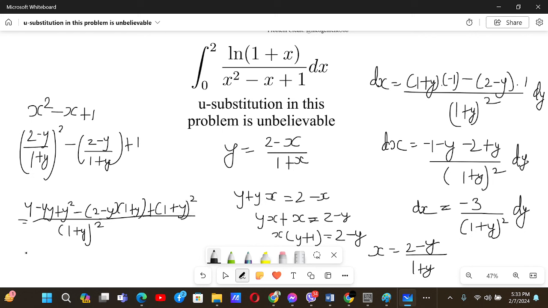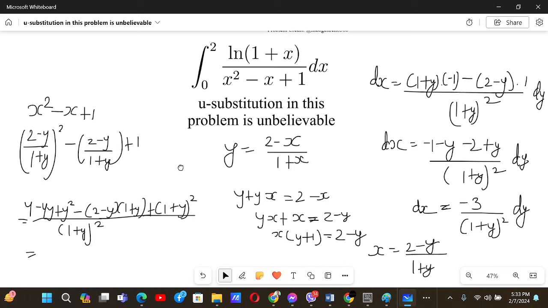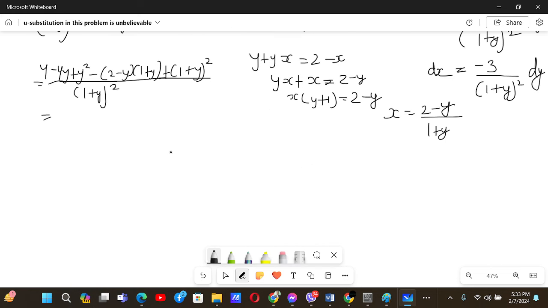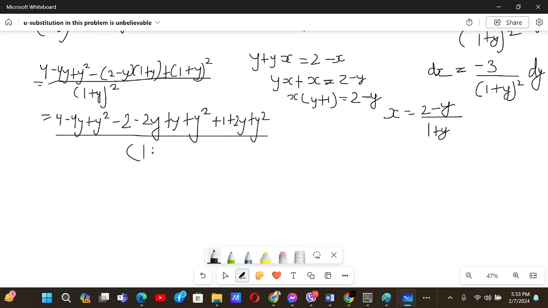Now let's expand these expressions. 4 minus 4y plus y square minus, this is 2 minus 2y plus y square, if you multiply that, and then we have 1 plus 2y plus y square, by (1 plus y) whole square.